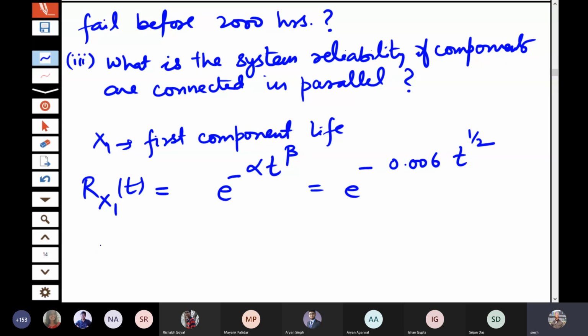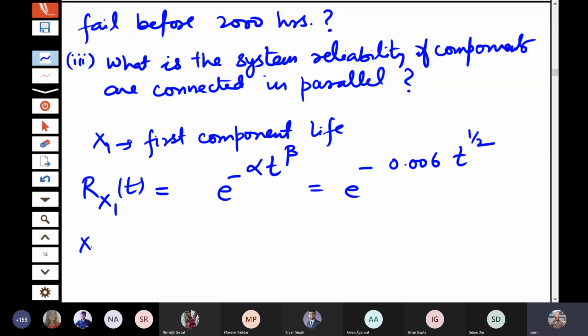And the second component has an exponential distribution, with mean 25,000. So lambda is 1 by 25,000. Okay.